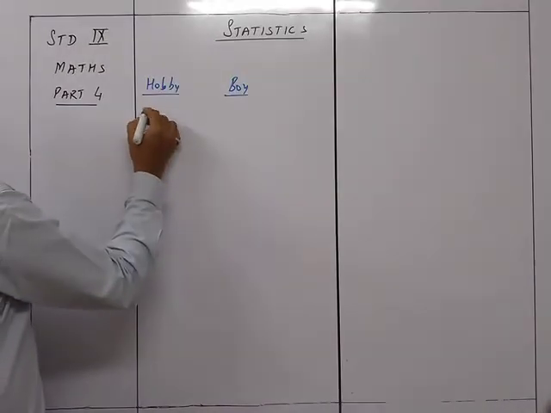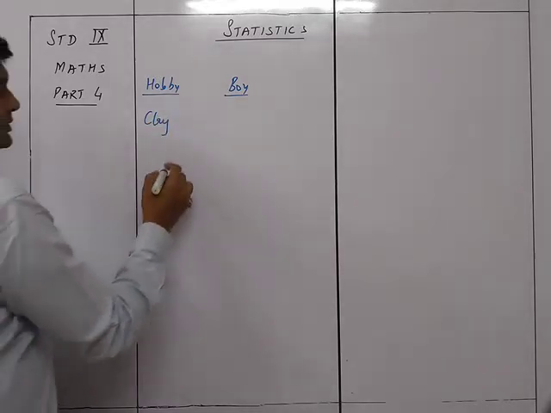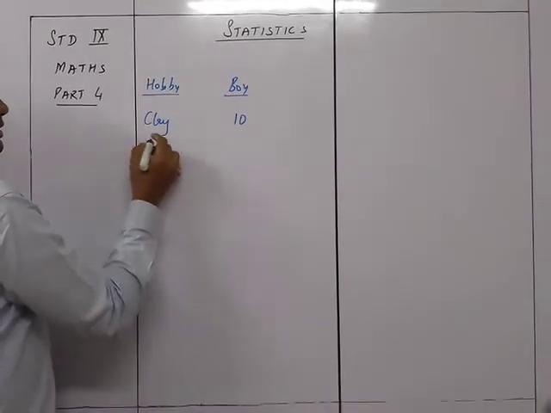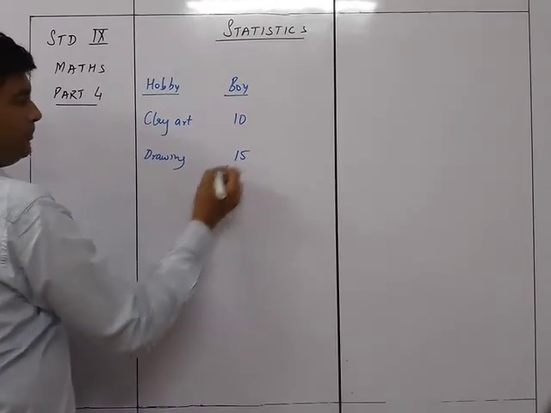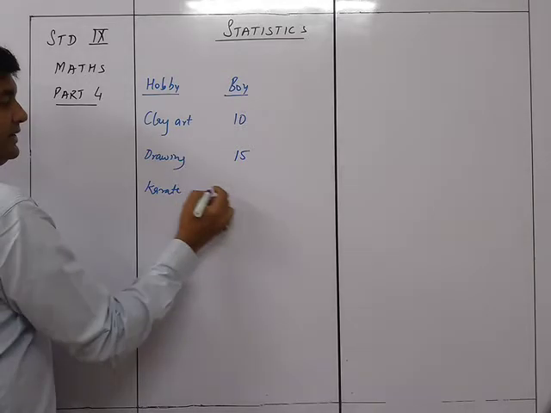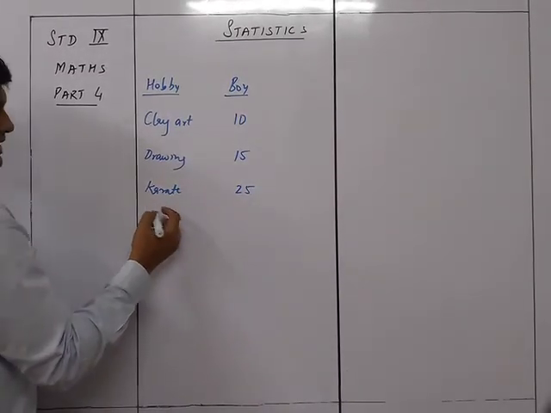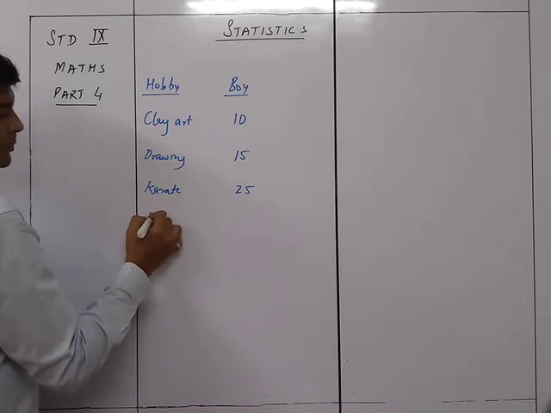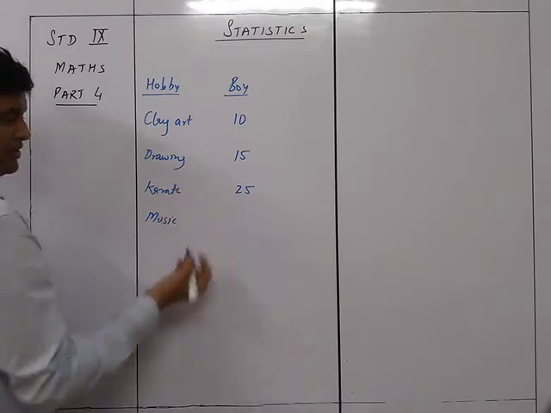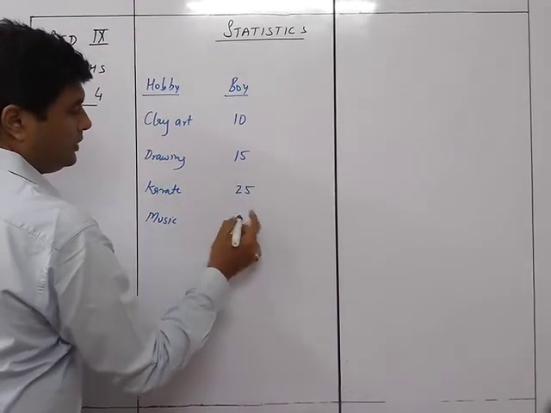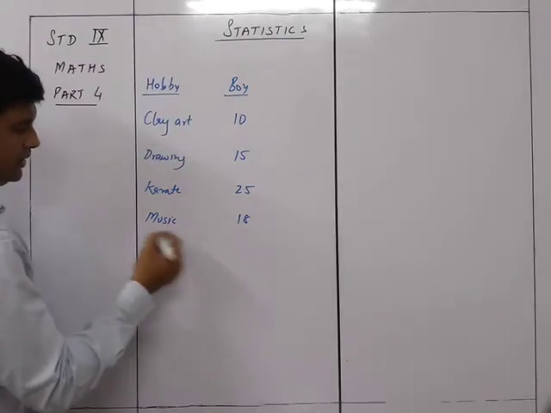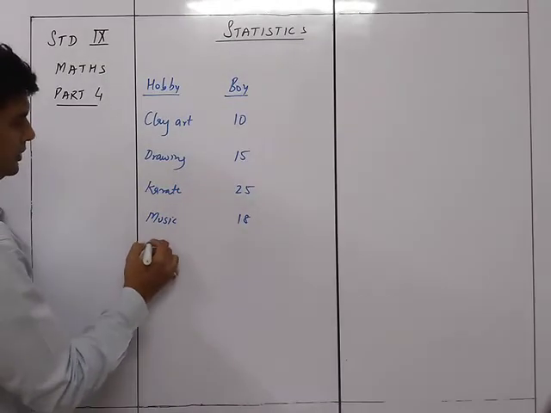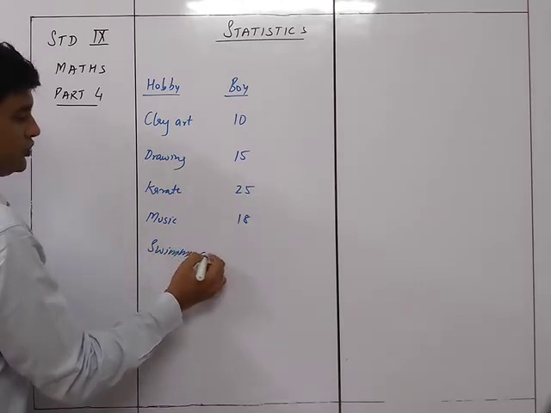Suppose the hobby clay making has 10 students, then drawing is 15 of them, karate is 25 of them, music is 18 of them, and let's take one more, swimming, which is 12 of them.